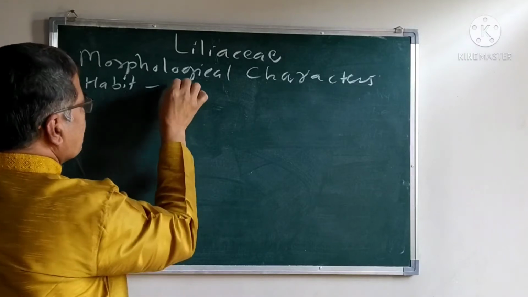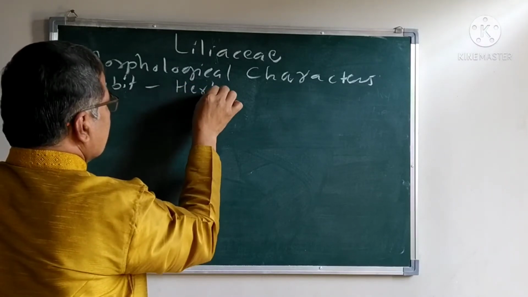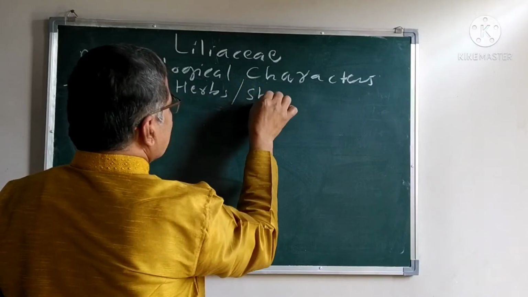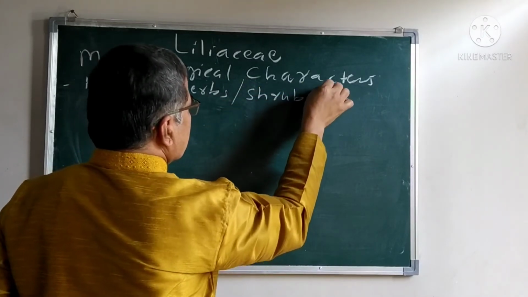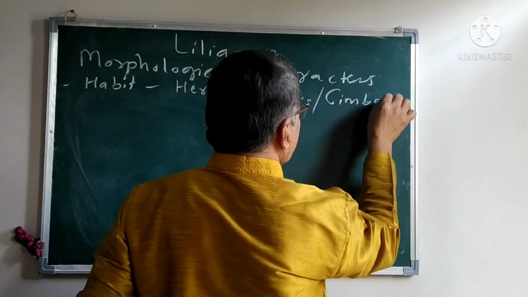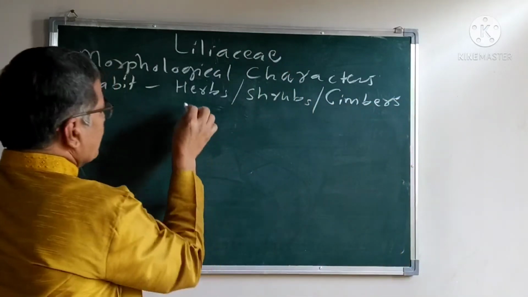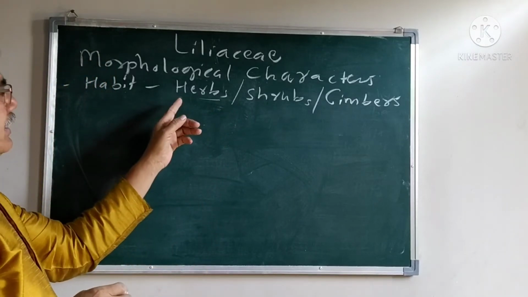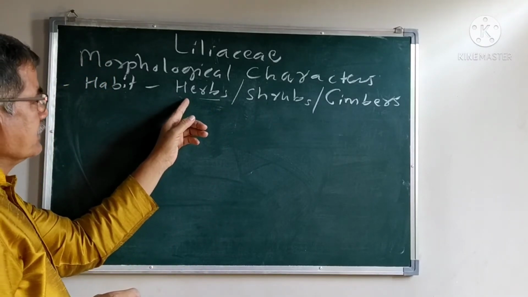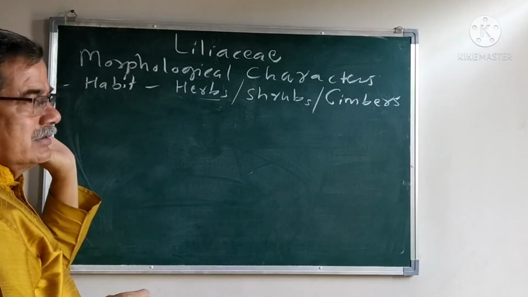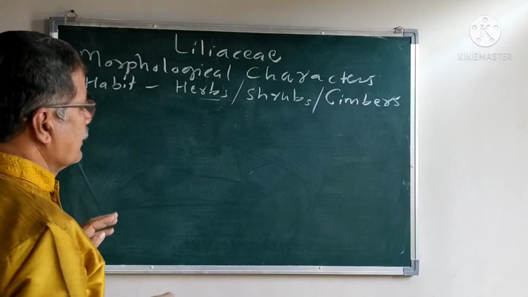The plants are mostly herbs, undershrubs, shrubs, and climbers. In herbs, throughout life the stem remains green and delicate. There is no secondary growth. That is known as the soft one. That is known as the herb.